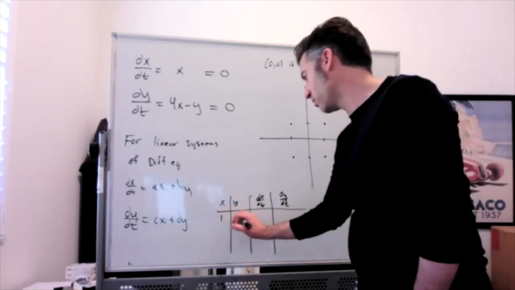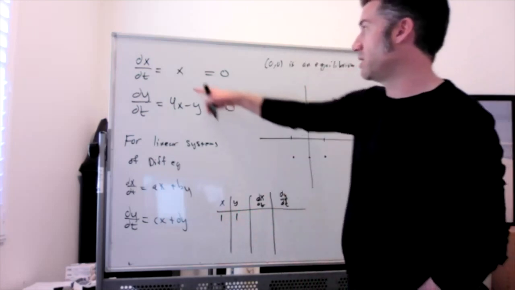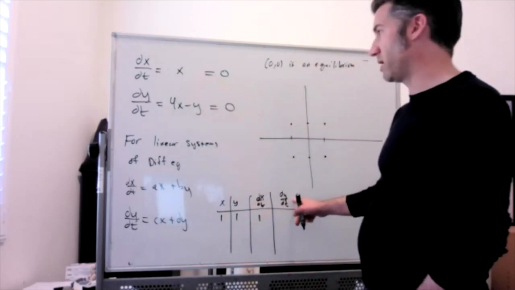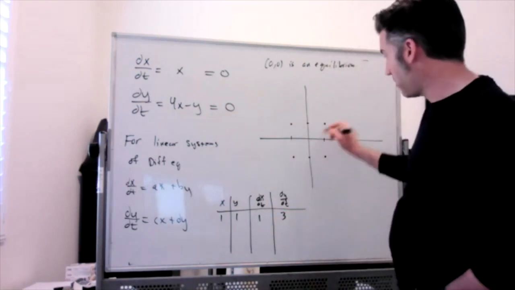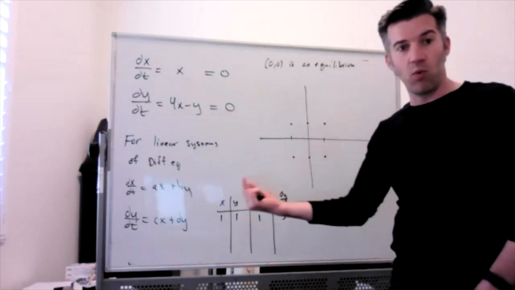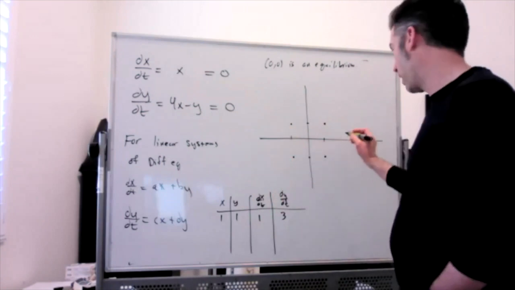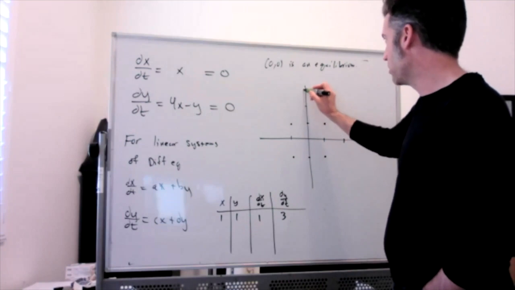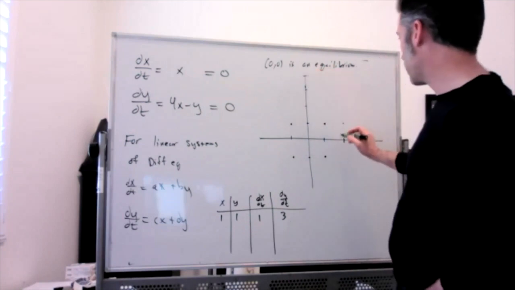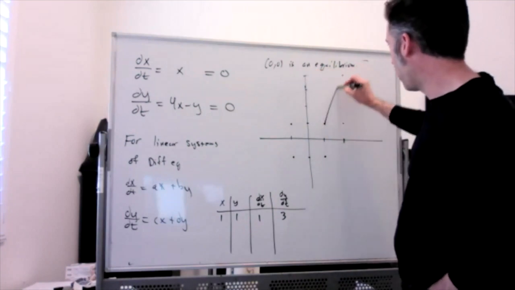So if x is 1 and y is 1, then dx/dt is going to be 1, and dy/dt is going to be 4 minus 1, which is 3. So at the point (1, 1), I'm going 1 over and 3 up. Now I'm not going to go all the way 1 over and 3 up. I'm not going to draw that.